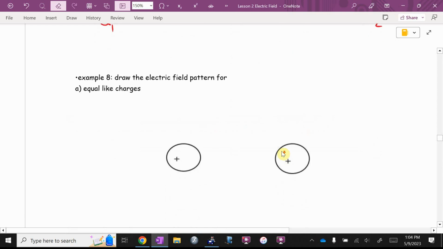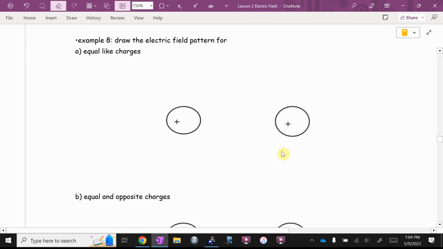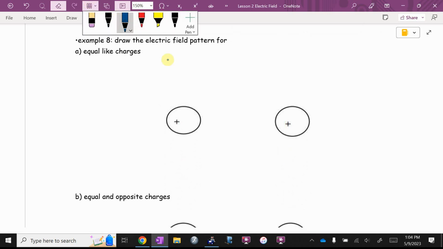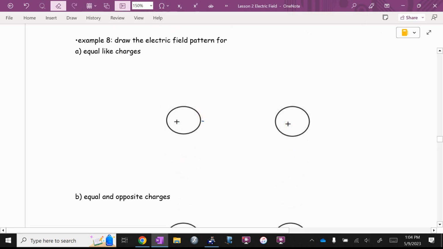Draw the electric field pattern for equal like charges. Okay. So it would look something like this. One line would head out this way, but it gets repelled and heads up. Another line would head out this way and get repelled and head up.